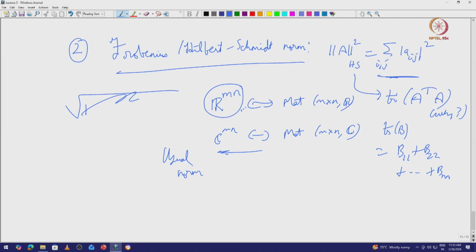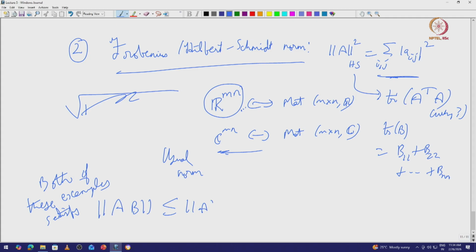It is crucial to note this property of both of these norms. Both of these examples satisfy this property: the norm of AB is less than or equal to the norm of A times the norm of B. This is the crucial point.